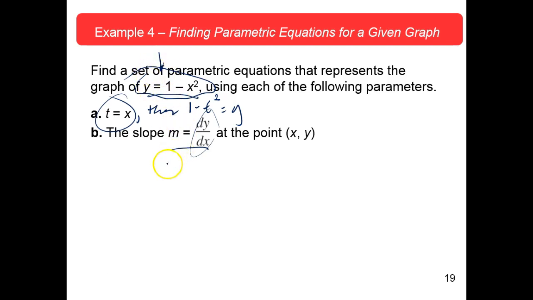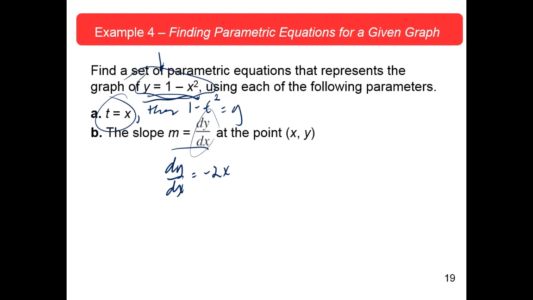Okay. Let's do dy dx. For this, y is equal to 1 minus x squared. What would that be? Minus 2x. Okay? All right. And the slope is m at the point xy.